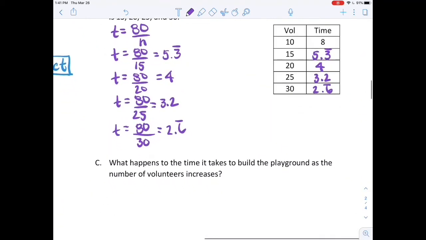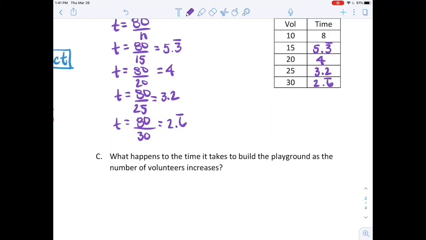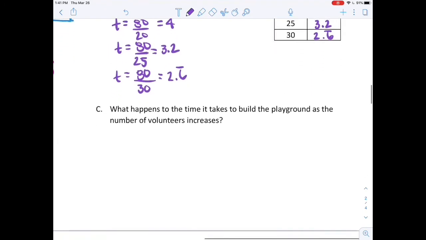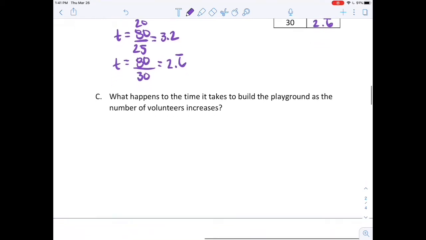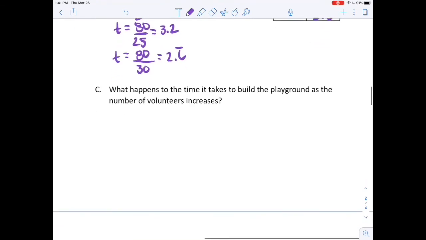All right, so now we just want to kind of describe in words what happens to the time that it takes when the number of volunteers increases. Well, looking at the table, we can see, or we actually could have even indicated it at the very beginning because we knew that it was inverse variation. We were told that in the problem statement.